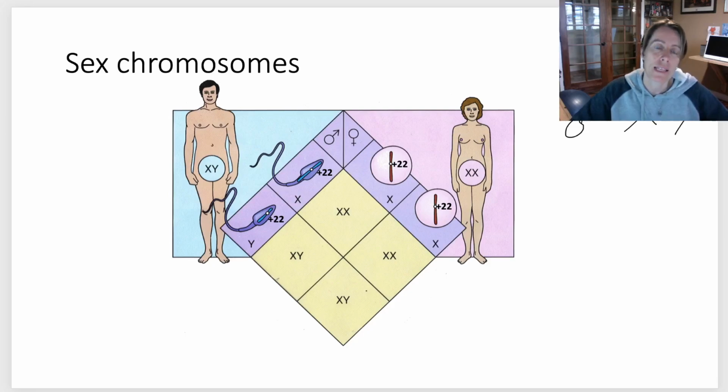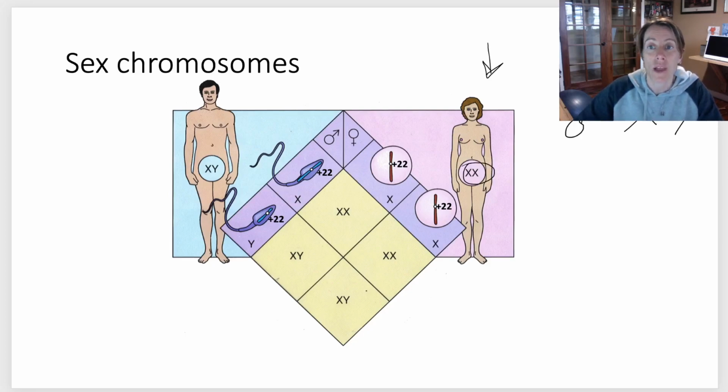All right, so then let's look at what happens when the sex of a child is determined. Here's a female on the left side. This is a weird Punnett square. They've put it on an angle, but anyway, she's going to make eggs, and each of her eggs will have one chromosome 1, one chromosome 2, one chromosome 3, one chromosome 4, and so on, all the way up to one chromosome 21, one chromosome 22, and then she will pick one of these X chromosomes to go in each of her eggs.